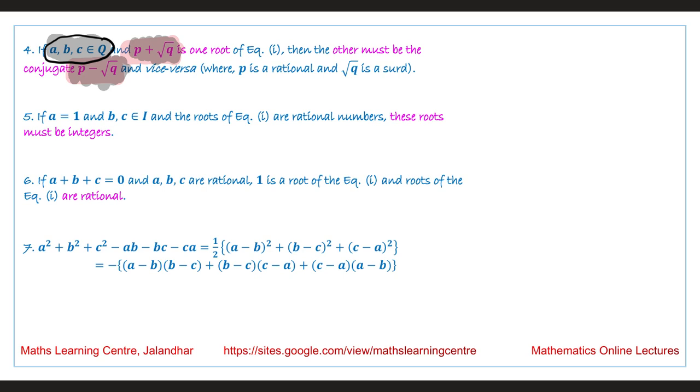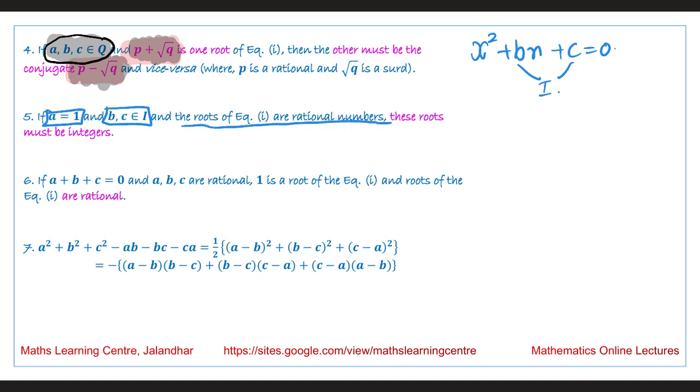Now the next result we have is, if a is equal to 1, and b and c are integers. So we are talking about the equation x square plus bx plus c is equal to 0, and we are saying b and c are integers, and the roots of this equation are rational numbers.